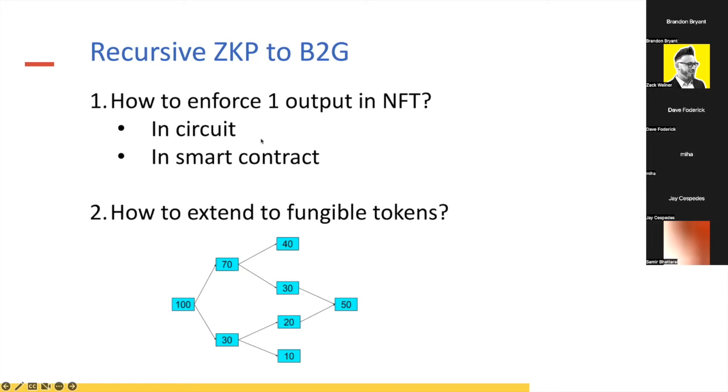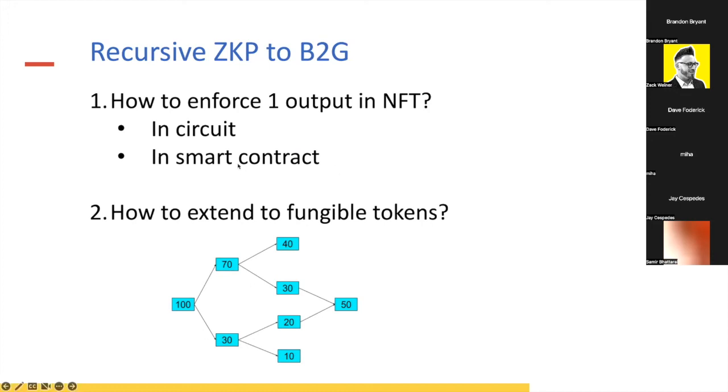By mixing them together, you can say, hey, I enforce 1 output for whatever reason in the circuit, but also enforce only 2 inputs in the smart contract level, because I want to show that's a fee paying input. Every time I only have 1 output, that's where the FT is, but also make sure you can have an additional input to cover the transaction fee.